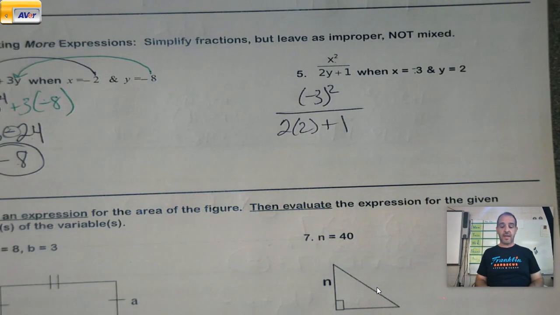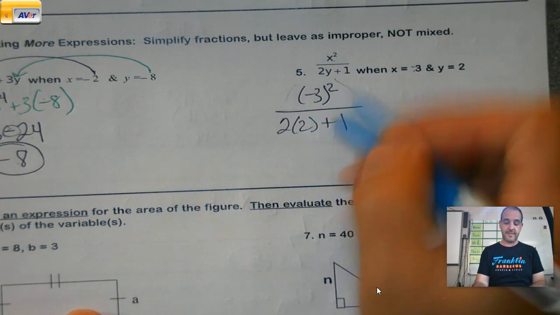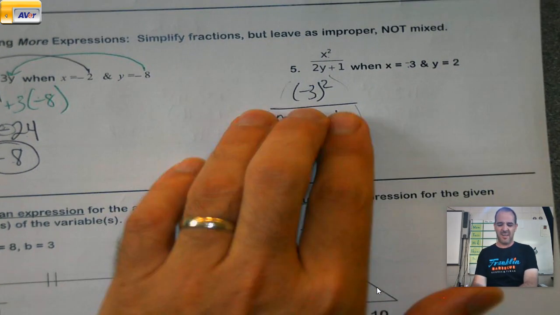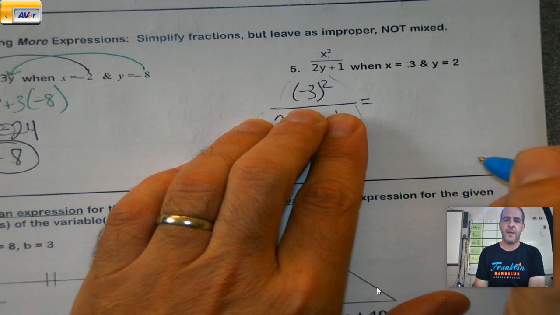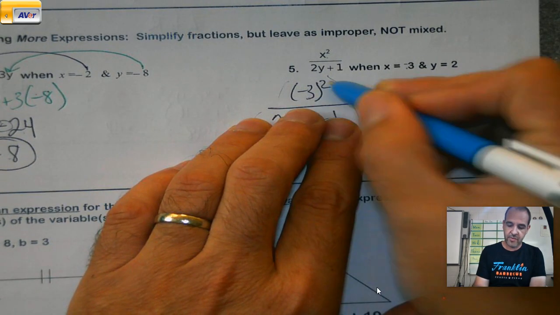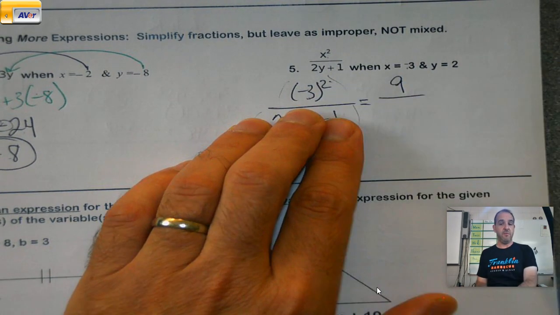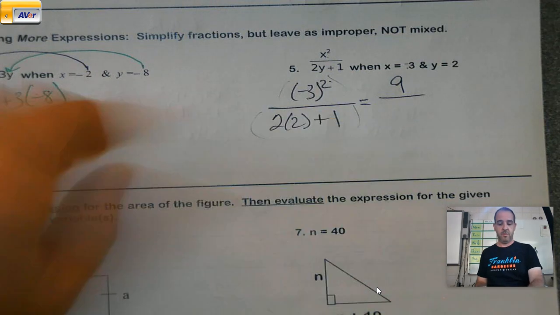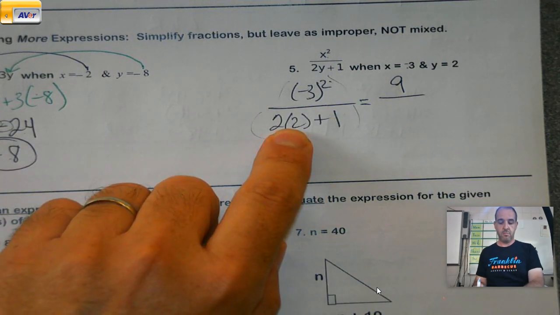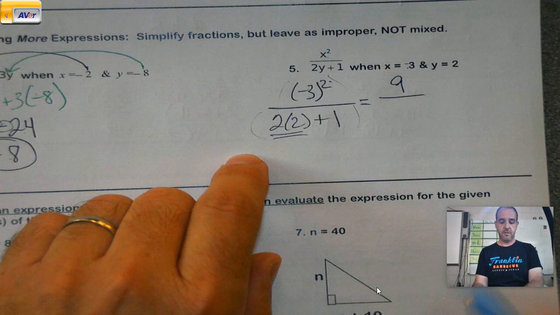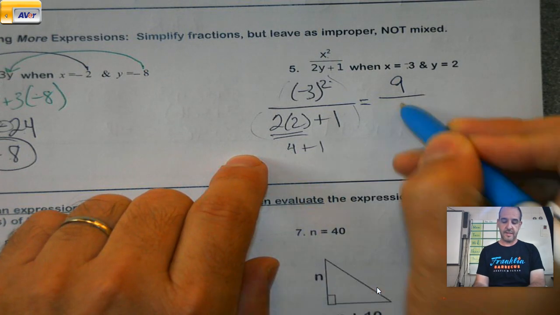So if you're going to try to go to the calculator, you'd have to have parentheses around all these things. But let's just clean it up. It'll avoid that problem. Negative 3 squared. Negative times negative is positive. We get 9. 2 times 2 is 4, because we multiply first. 4 plus 1 is 5.